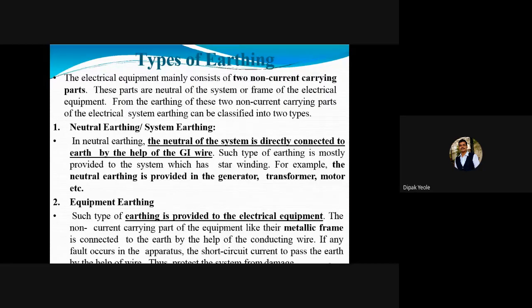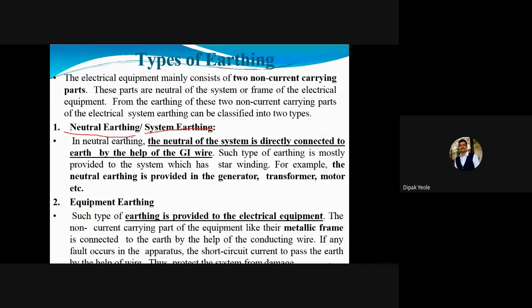What are the types of earthing? Yes, so here is a question, neutral earthing. I told you, neutral earthing question is surely asked. Explain the neutral earthing. Neutral earthing is also called system earthing. In some books they use the word system earthing. So what is the neutral earthing? The neutral of the system is directly connected to the earth with the help of GI wire.